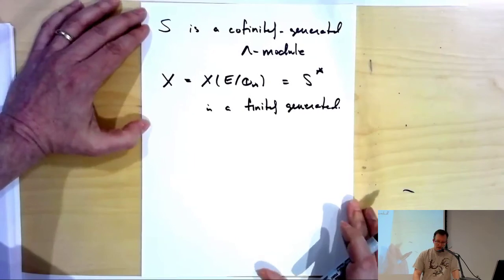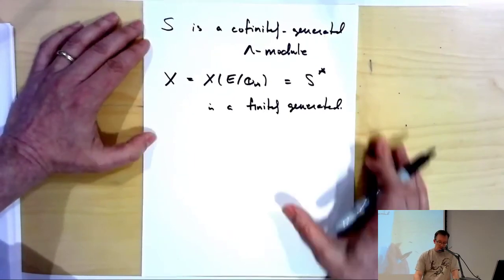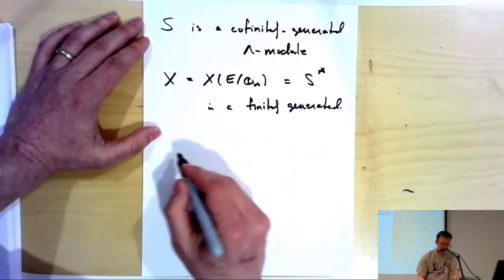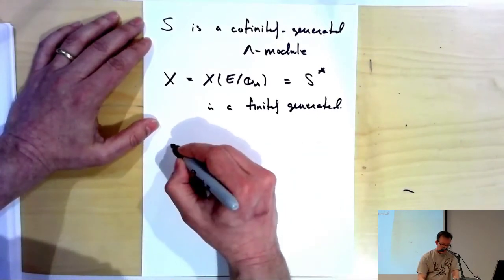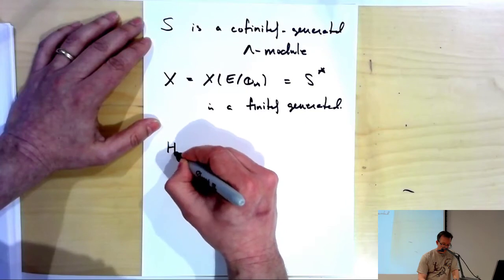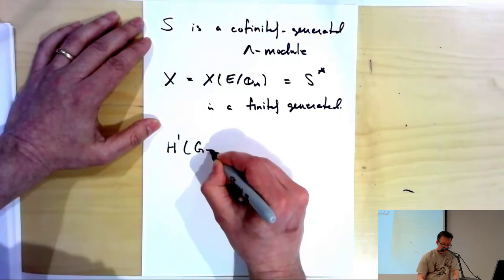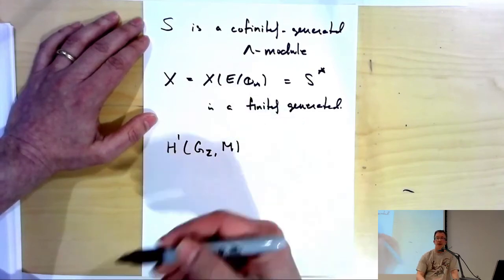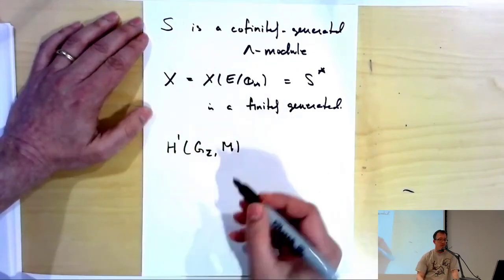Just a quick explanation for why this is true. It's enough to show this for H^1, what I was calling G_sigma before. For some finite set of primes sigma, we take the Galois group of the maximal extension that was unramified away from sigma.